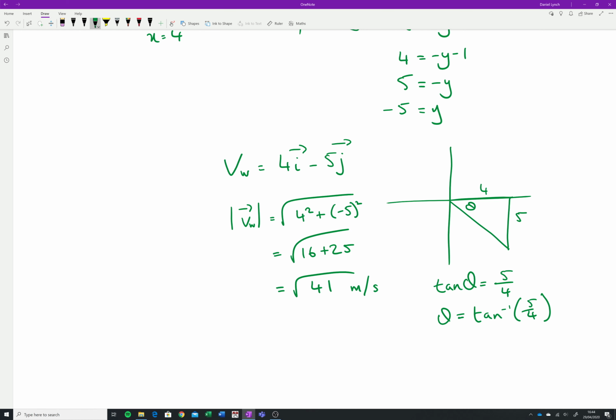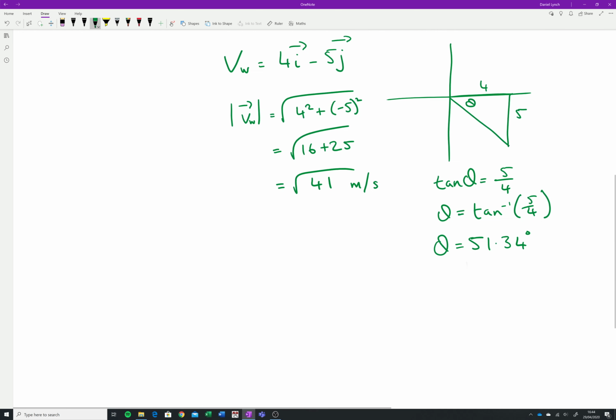Let me type that into the calculator. It didn't really say how to round, so we'll say 51.34 degrees.